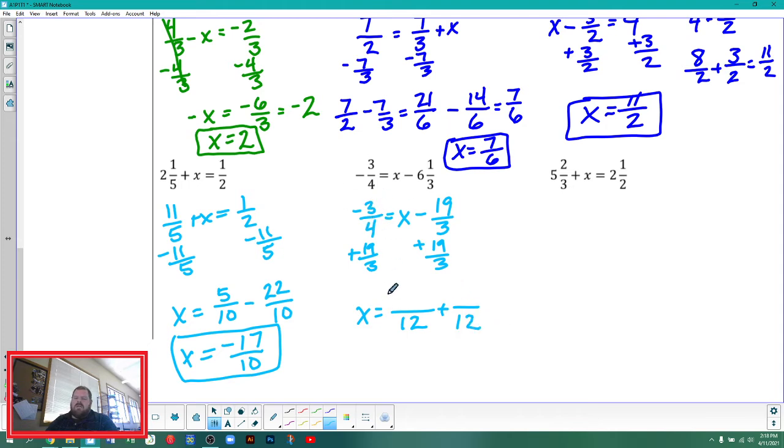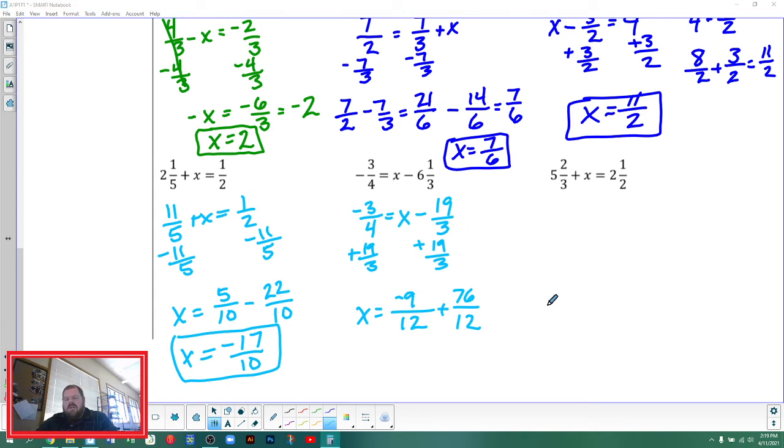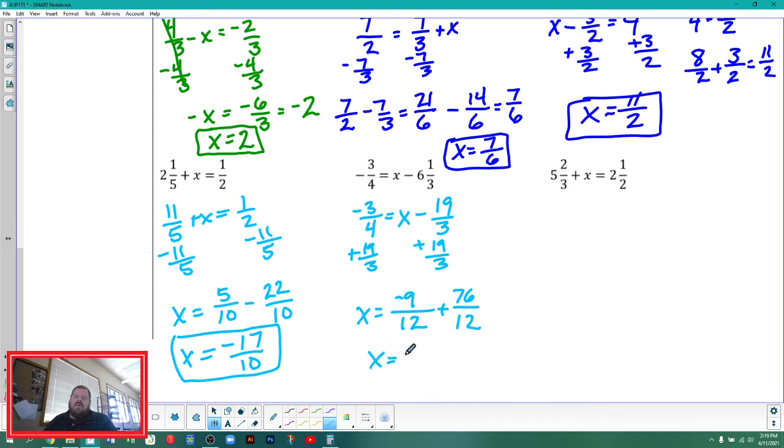To turn 4 into 12, I multiply by 3, and negative 3 times 3 is negative 9. To turn 3 into 12, I multiply by 4, and here I've got 19 times 4, which is 76. Okay, and just to double check, that's pretty much 76 minus 9 should be 67. Sorry that you can't see that, but that's okay. 67 over 12.